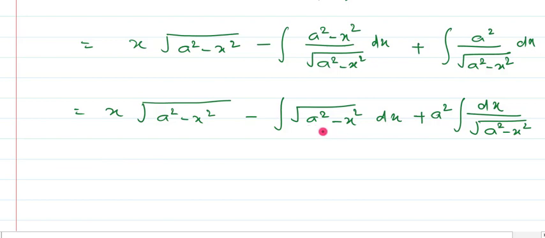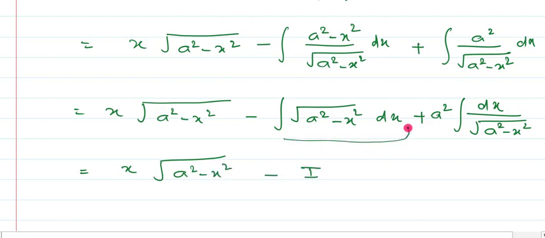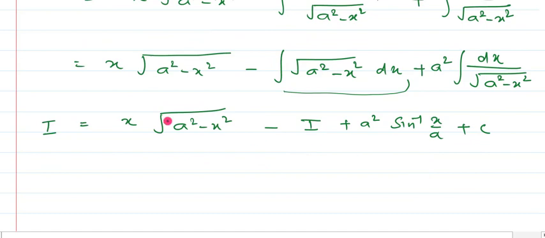So taking this term as I, we get x into square root of a square minus x square minus I. This whole is I plus a square. Do you remember this result? Yes, it is simply sine inverse x upon a plus c, one of the 7 standard results that you have already studied in the previous videos. Let us have this as I. We have already named this integrand as I.